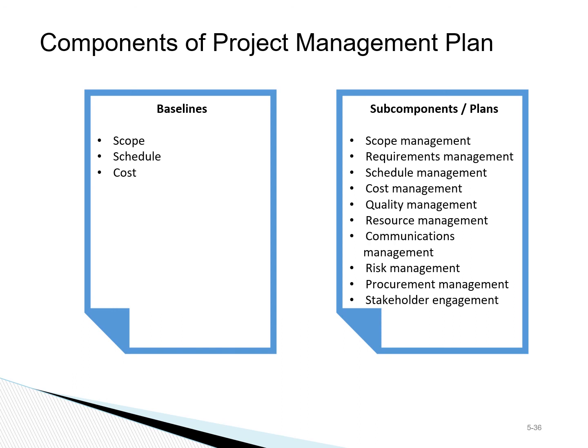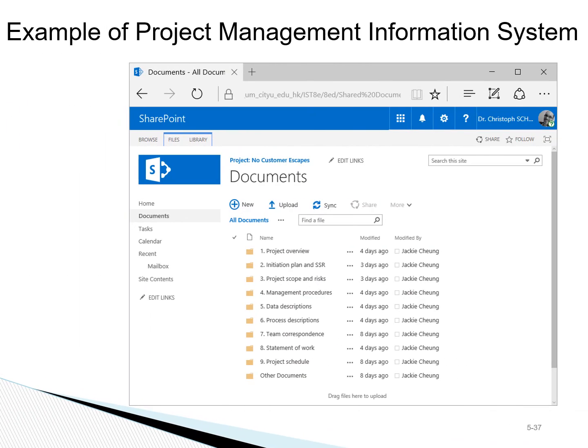By the way, you recall that we have already discussed stakeholder management in the previous chapters. We also need to establish which information system we will be using for managing projects. This is an example of SharePoint, and how it's used for managing project documents.